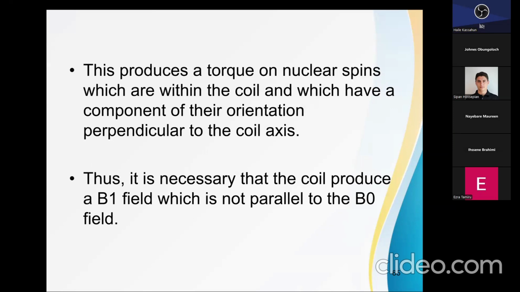Like we said, they're used to rotate the spins in a certain direction and allow the spins to come back as you record the energy that the spins are releasing as they try to realign themselves to the original position. So this works in conjunction with B naught as the main magnetic field.